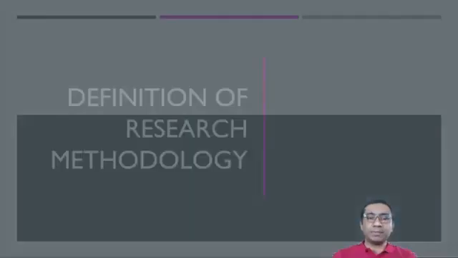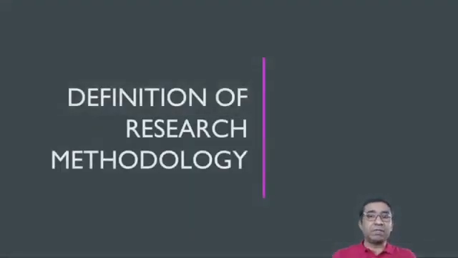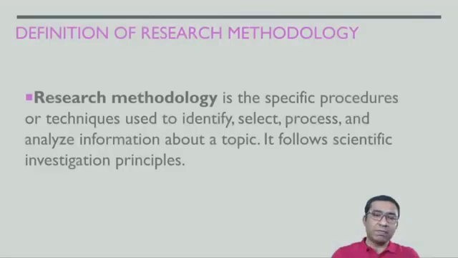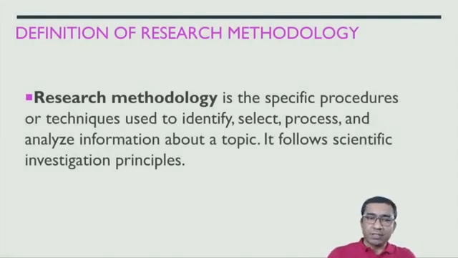Okay, so let's start with defining what is research methodology. So we have to understand the concept first, and later on we'll see whether this word has been interpreted or misinterpreted in different contexts. So I'm going to tell you the first definition of research methodology.